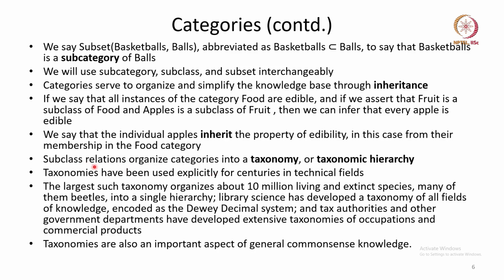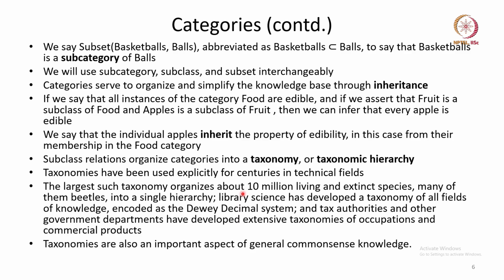And using the subclass relations, you can organize categories into a taxonomy. For example, you have a taxonomy of all living creatures, or a taxonomy of plants. So that is the subclass relations that have been used. All the living and extinct species are put into a single hierarchy, getting a taxonomy.